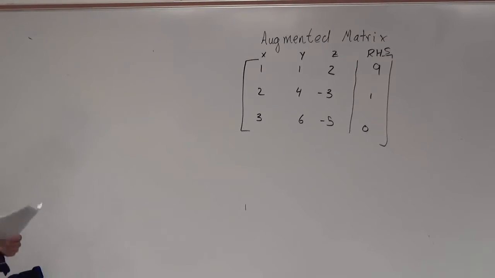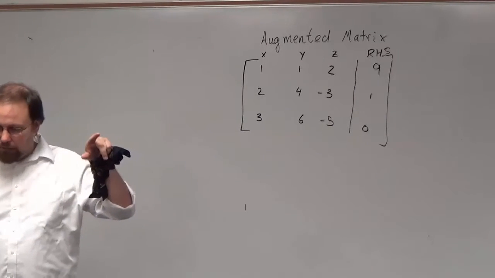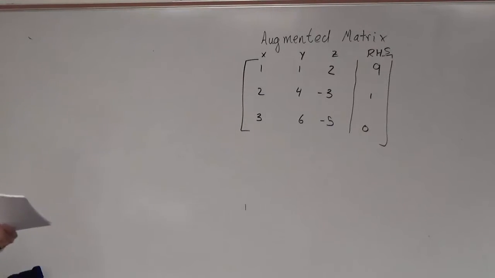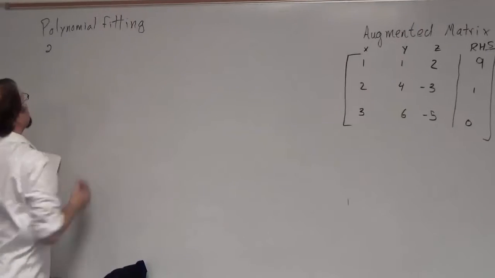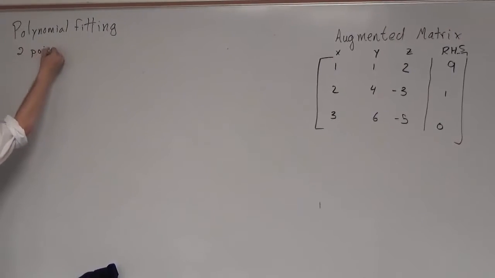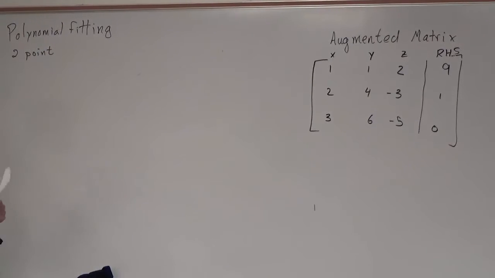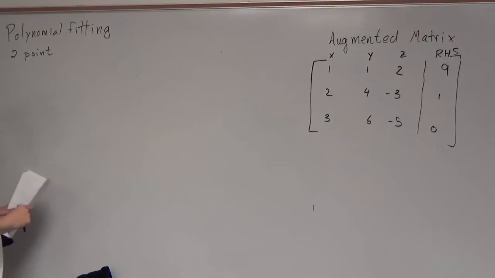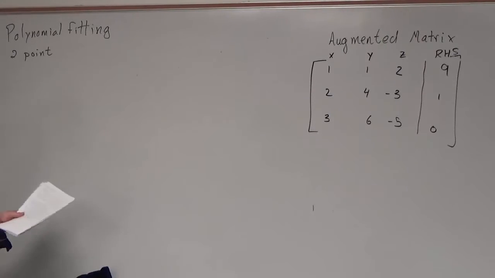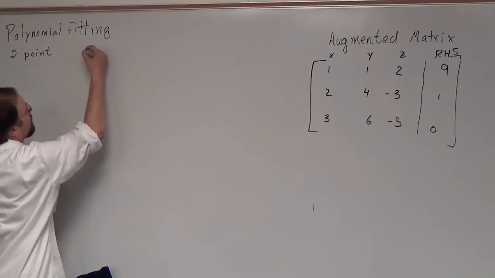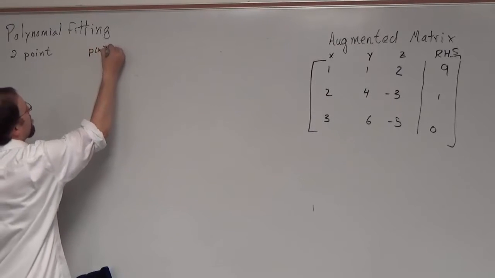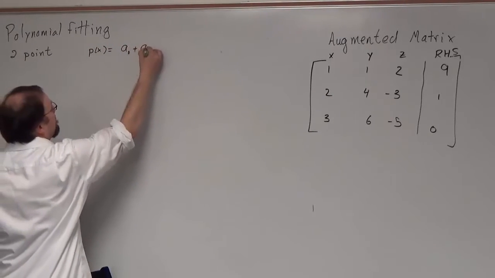So conceptually, if you have 2 points in the plane, what kind of polynomial would you like to fit to it? It's a line. Okay, so it's a polynomial of degree 1.